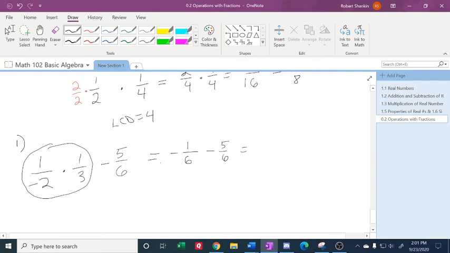Alright, so these already have common denominators. So all I do is combine the numerators. So I'm going to get, I write the denominator once, negative 1 minus 5, which is negative 6 over 6.